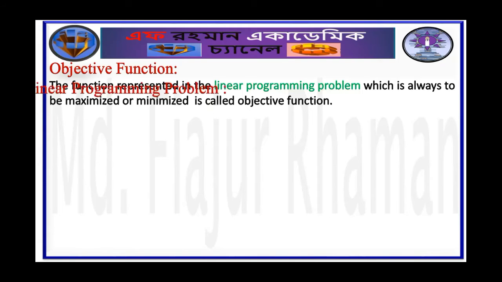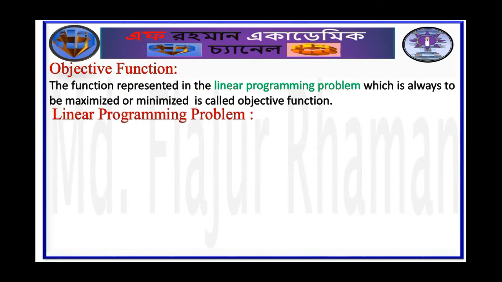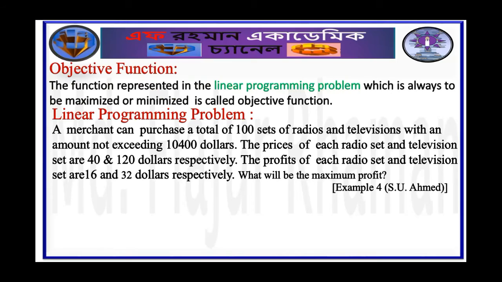Let us see a linear programming problem. A merchant can purchase a total of 100 sets of radios and televisions with an amount not exceeding $10,400.